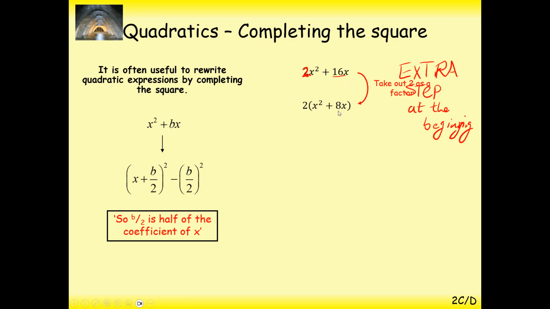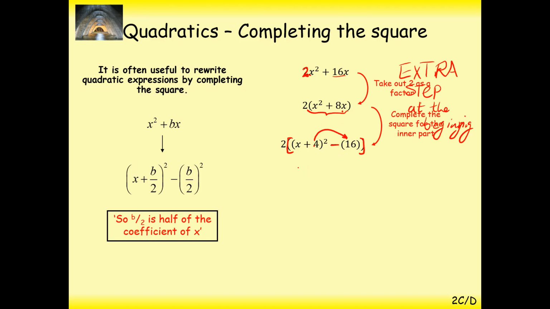And then we actually complete the square inside this bracket and leave the 2 outside. So when you want to do that, half of 8 would have been a 4, and then this 4 squared gives us 16, which we always subtract.